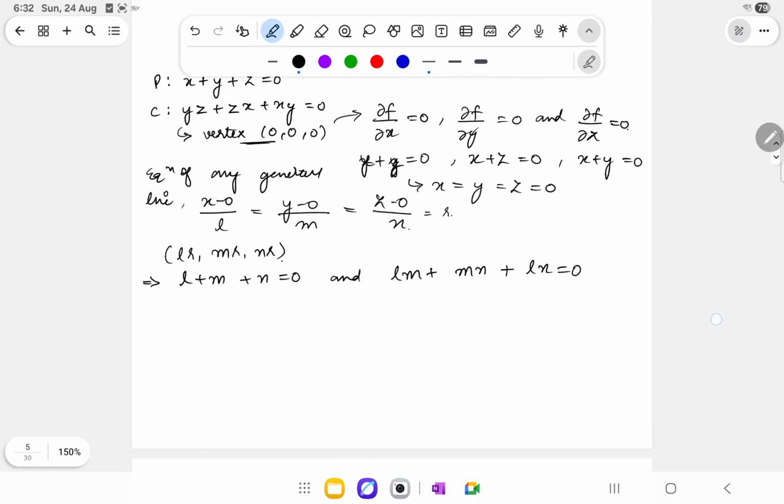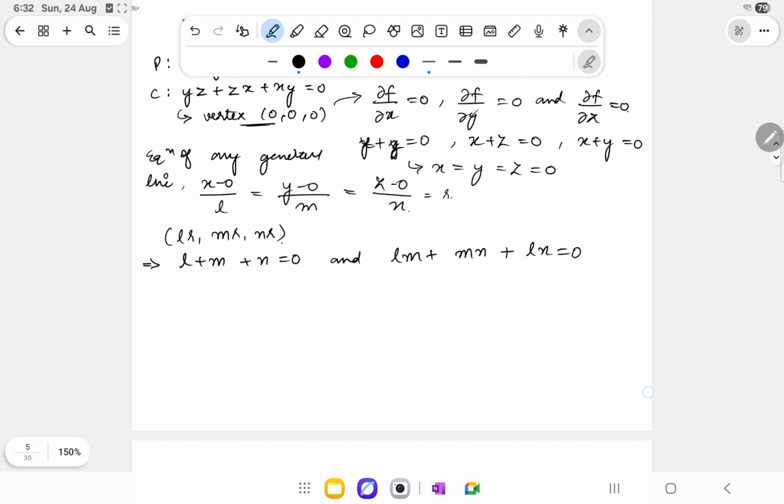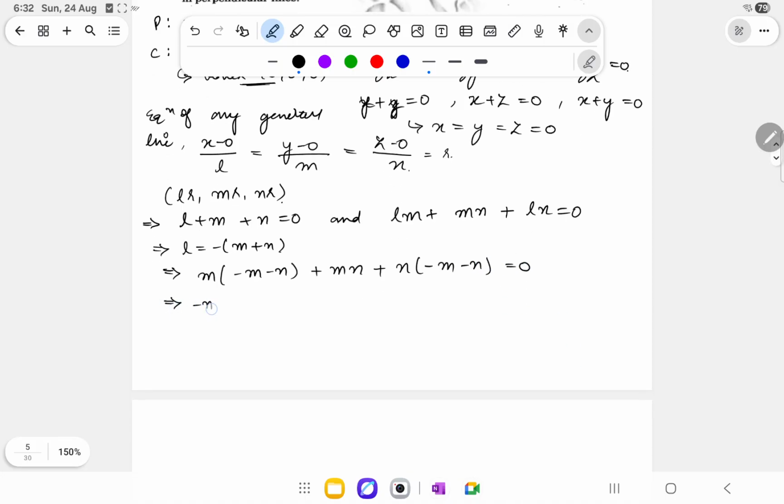So I got two equations in l, m and n, and I can easily solve these to get the values of l, m and n. If I take l as minus of m plus n and substitute it in the second equation, I'll get m into minus m minus n plus mn plus n into minus m minus n equals 0. Simplifying, I get minus m square minus mn plus mn minus mn minus n square equals 0.